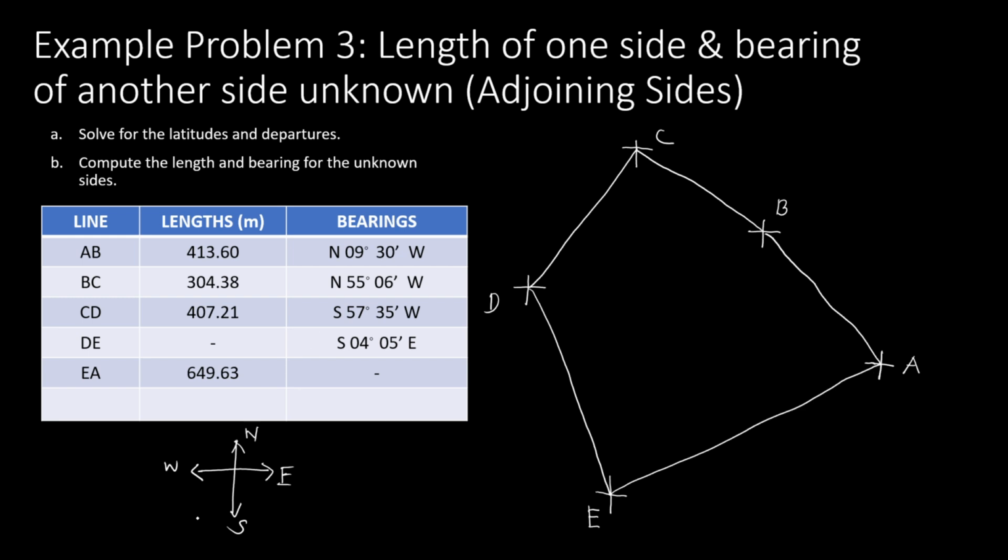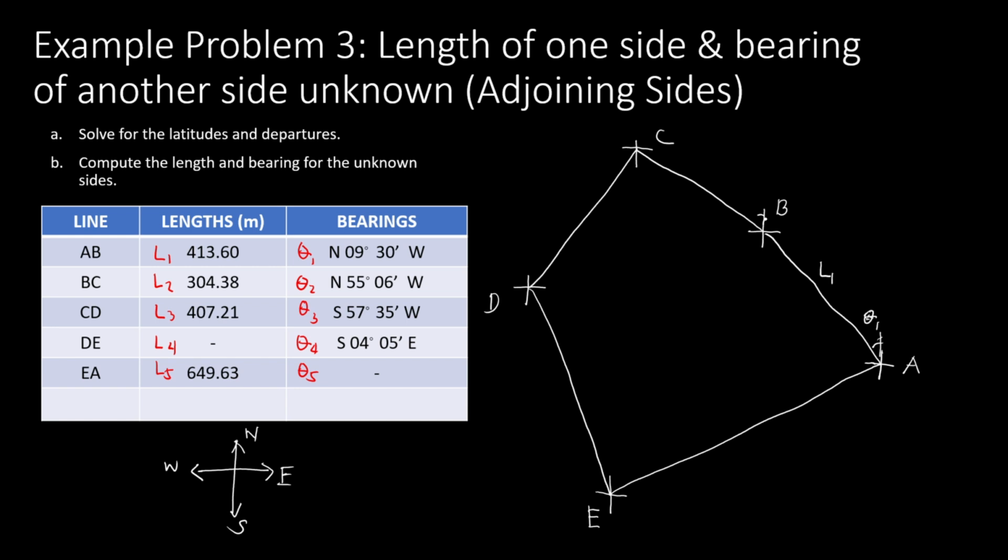Ayan. Dito, i-label lang natin: this is the L1, L2, L3, L4, and then L5. And then, let's say, theta 1, theta 2, theta 3, theta 4, and theta 5, para medyo mas madaling mag-label. Una, dito yung bearing natin, this is the theta 1, and then ito yung L1.